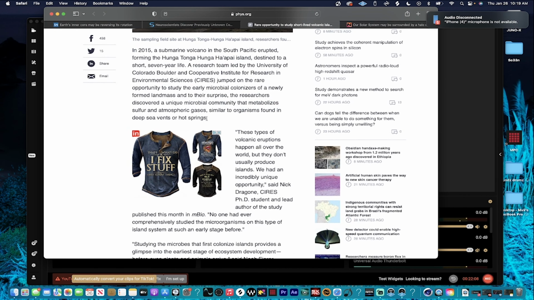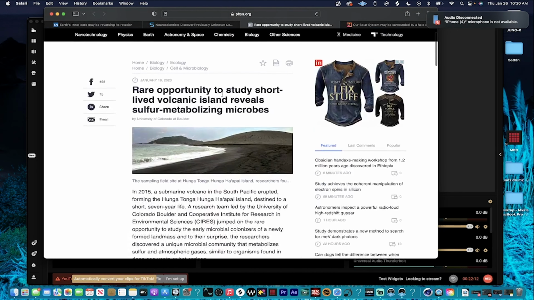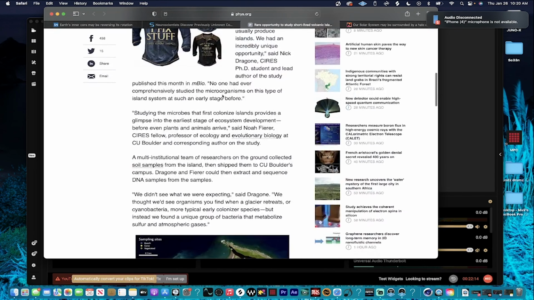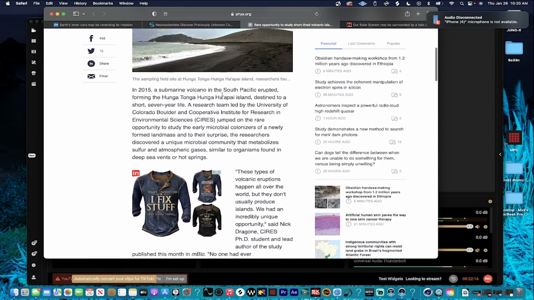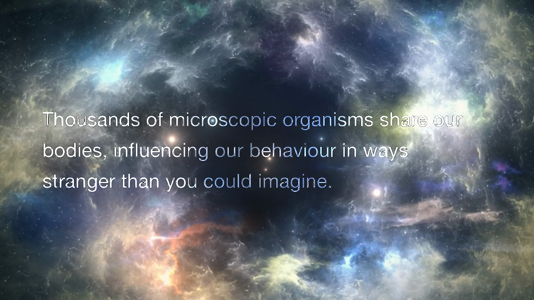So essentially this one, Hunga Tonga, it's going back to the microbes that I was talking about. These microbes are very important. It's hard to neglect bacteria when your body is made more of bacteria than even human cells.